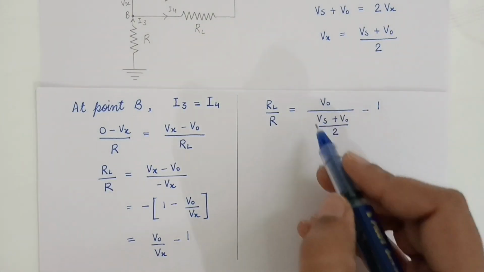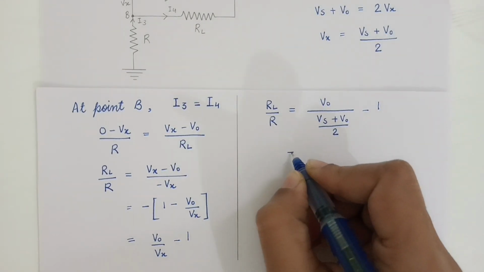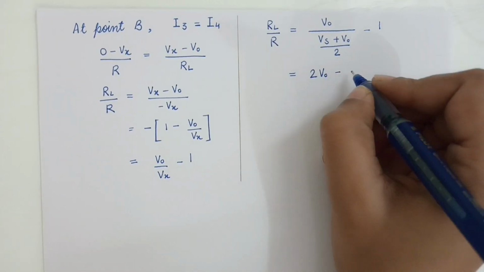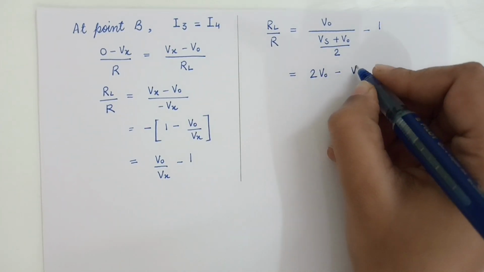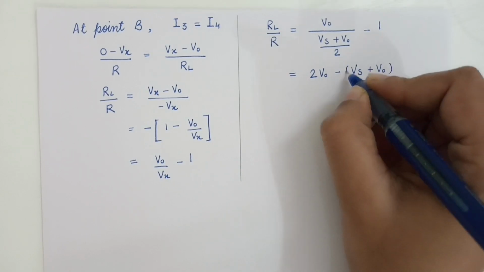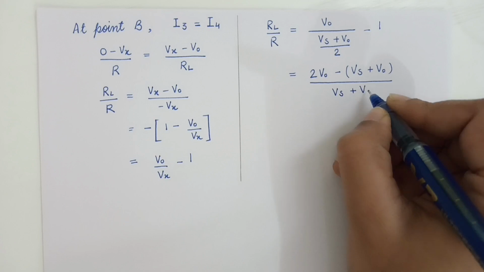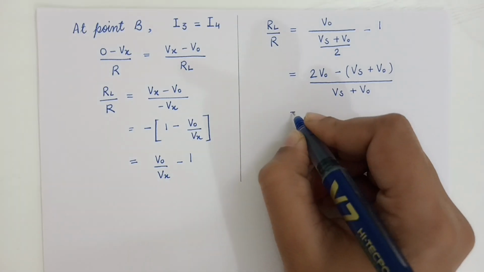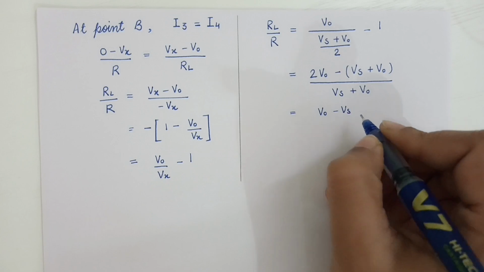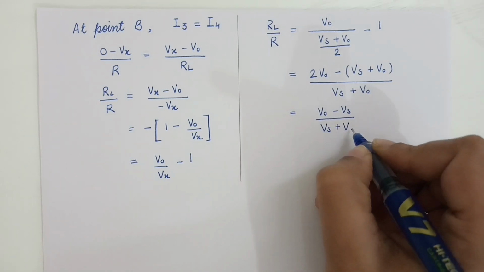And now solving it further, we will get 2V0 minus Vs plus V0, whole divided by Vs plus V0. Solving further, we get V0 minus Vs divided by Vs plus V0.